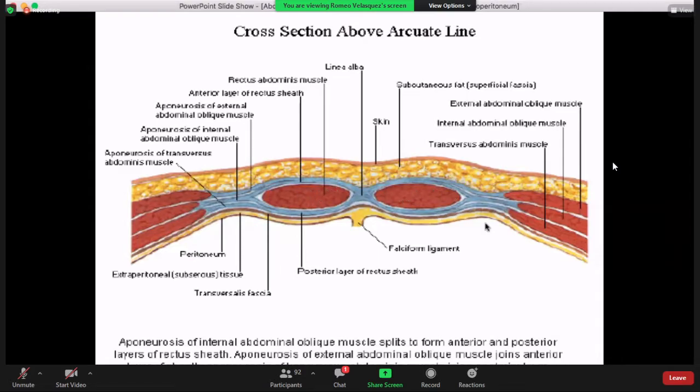Rectus abdominis here, rectus abdominis also. Yeah. So if you will be doing an incision, for example, in the midline, through the linea alba, you will not encounter all these muscles. Simply just the condensation of the fascial layers contributed by the flat muscles of the flank. Okay, for that reason, it is bloodless.